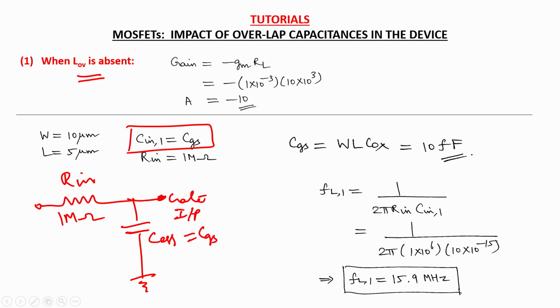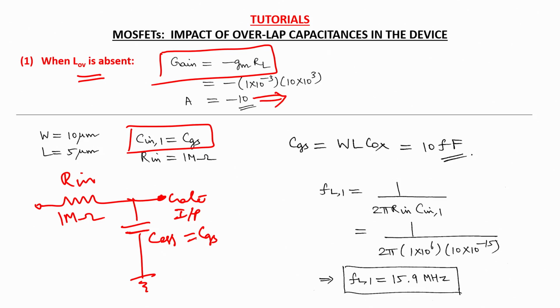You are given the R in value, and for a common source topology you know that the gain is minus gm RL. So from the given transconductance value and the resistive load, you can find that the gain comes out to be minus 10. It's an inverting stage, so the gain is negative.